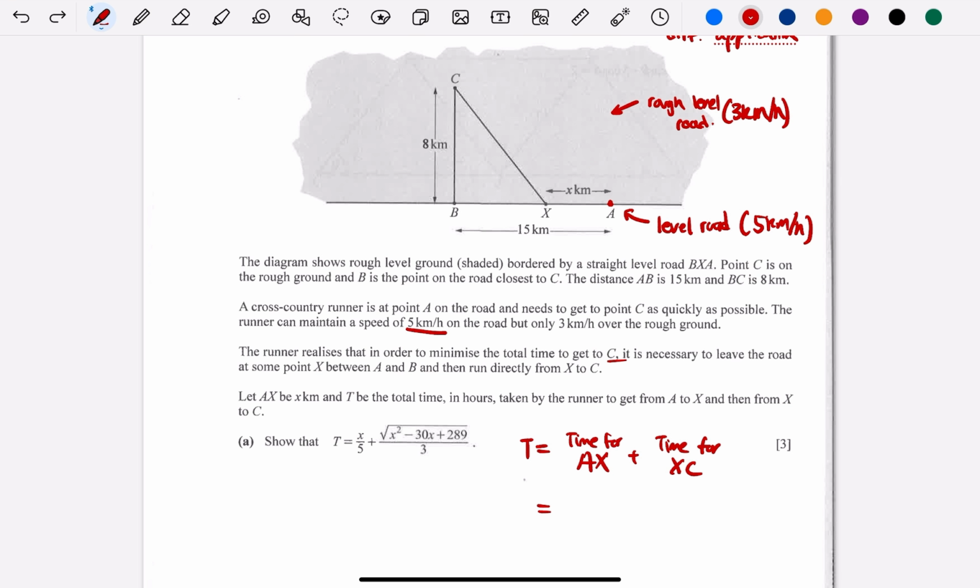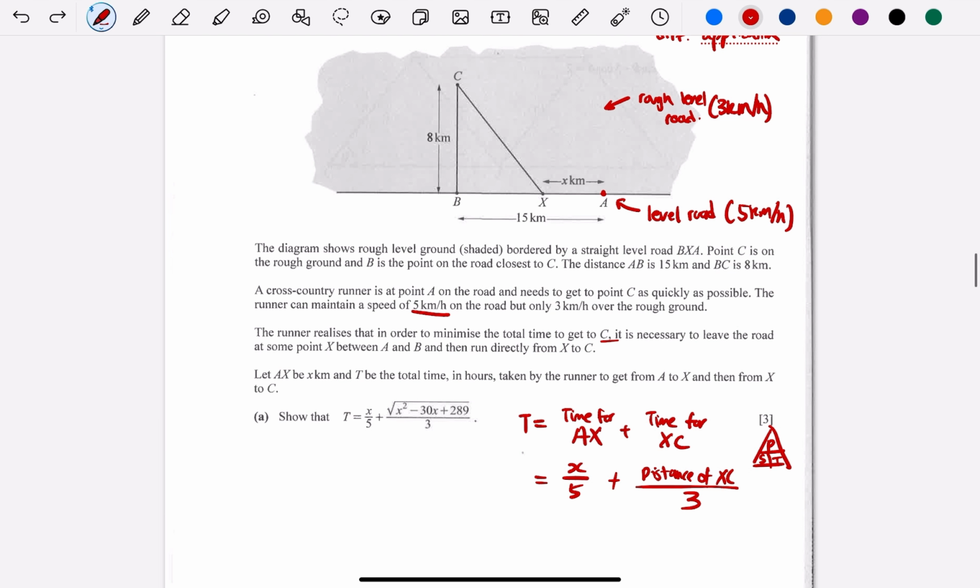So immediately from our DST, to calculate time we use distance divided by speed, so our time is just x divided by the speed. For the total time for XC, we need to first find the distance of XC over the speed, which in this case is just 3. So all we need to really find is the distance of XC.